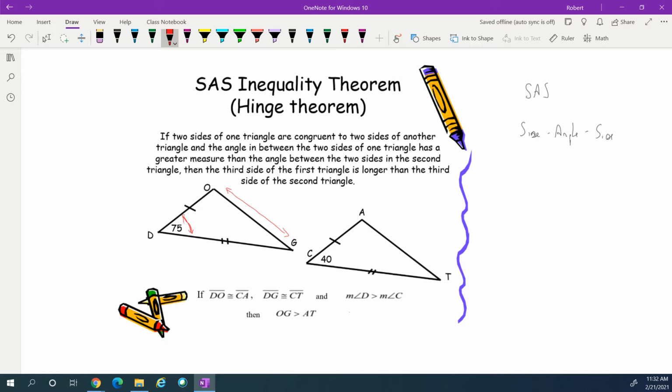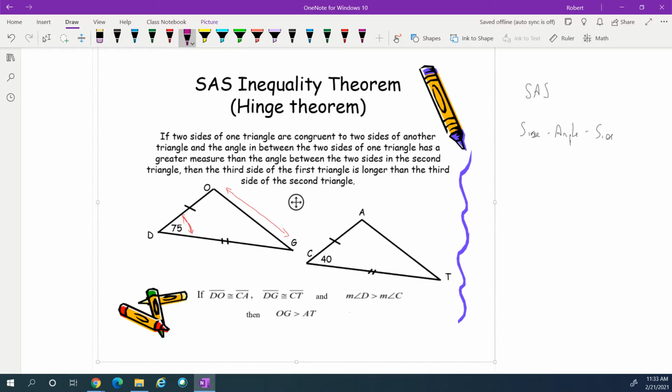The catch here is that the sides, the segments around that angle, have to be congruent. So if you look at the picture here, the two sides are staying congruent. All we're doing is swinging that angle or that hinge open and closed. As long as the sides stay the same, the bigger angle has the bigger third side.